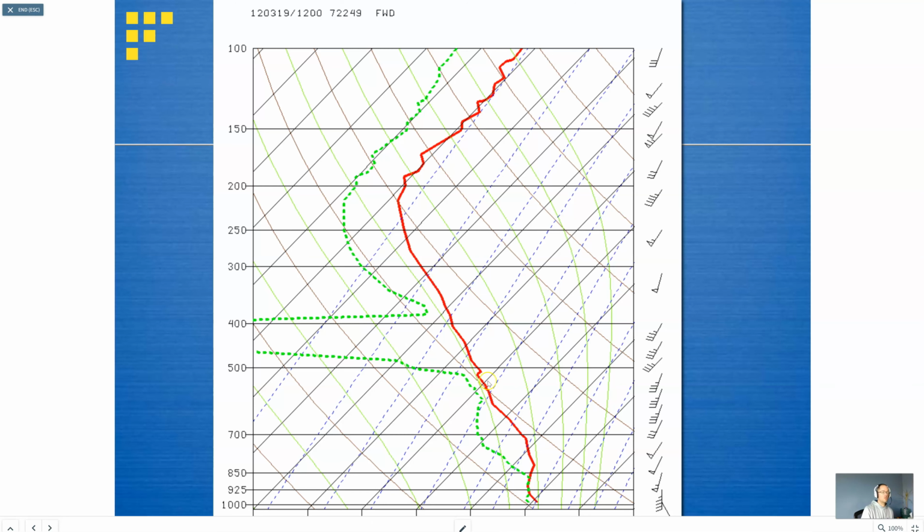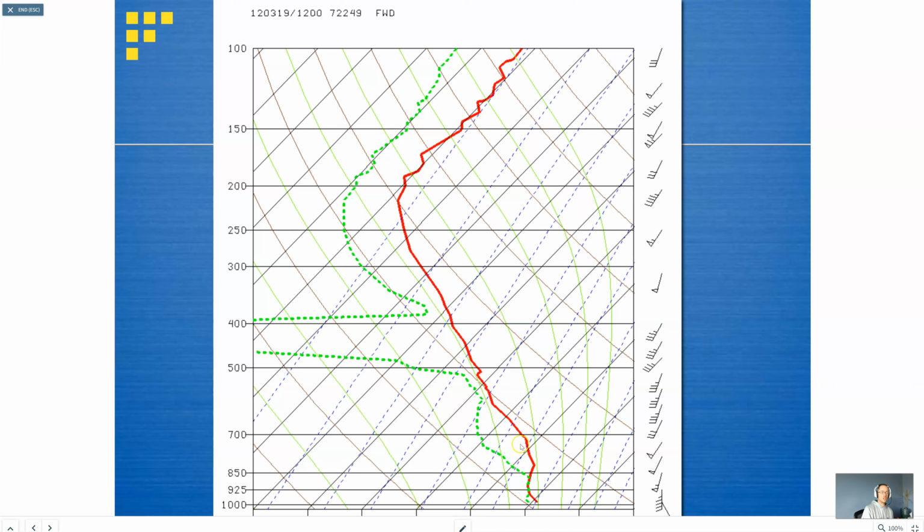But a couple of things you can see here is that in this example, our LCL would be very low to the surface. We would have this dry adiabatic trace upward. We would then also be following our mixing ratio line, and so we have an LCL very low to the surface. Upon hitting this LCL, we would then rise along our moist adiabat upward.